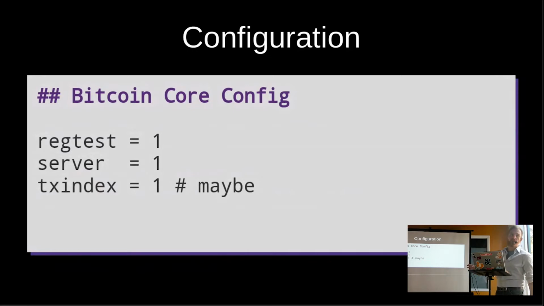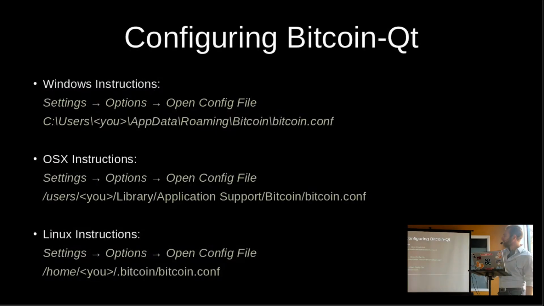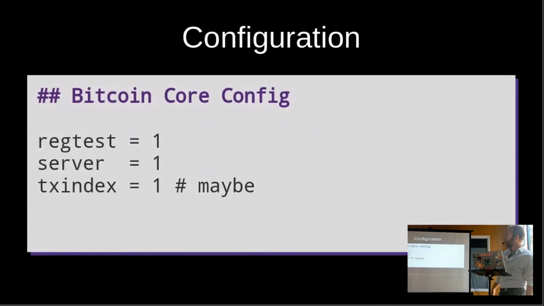Who knows where? The cool thing about opening the config file through the GUI is that wherever that file may be, the GUI will find it for you. It's sort of like the canonical reference of where this config file lives. But by default, it should live in these locations here. So you can just go ahead and create it and then put this content in it.